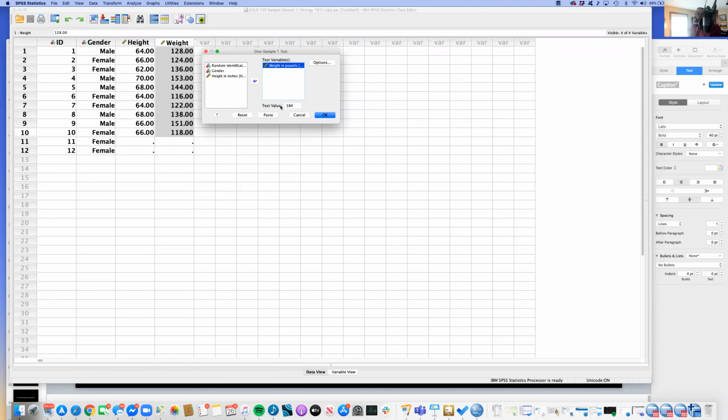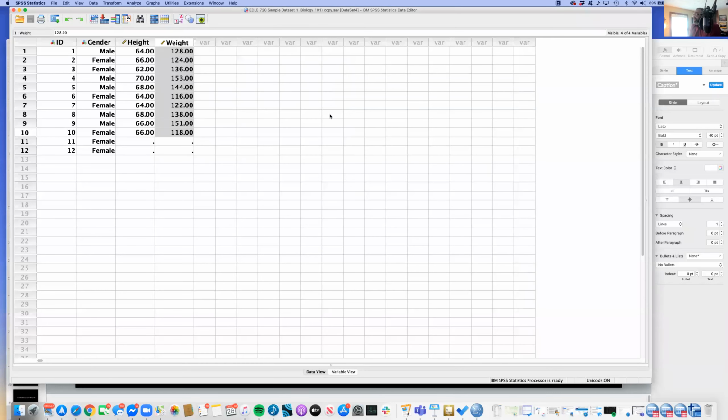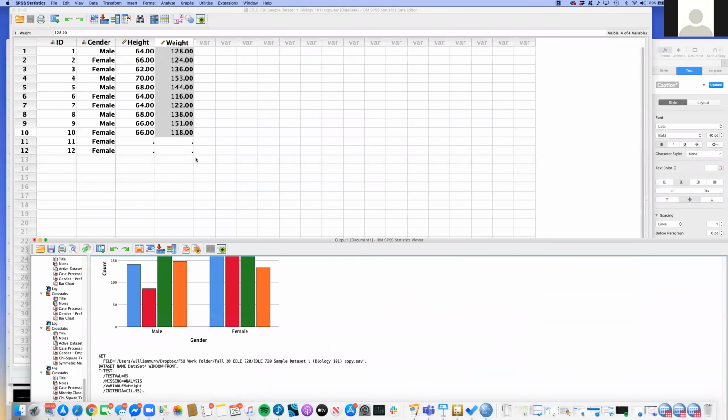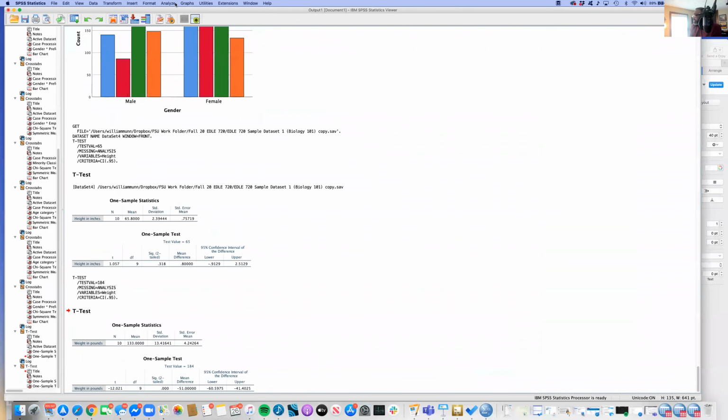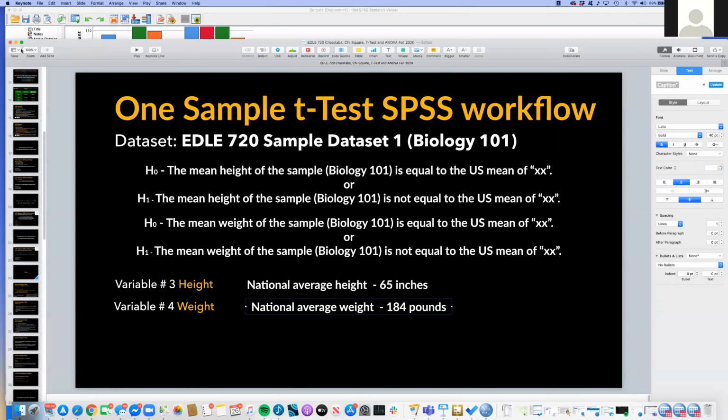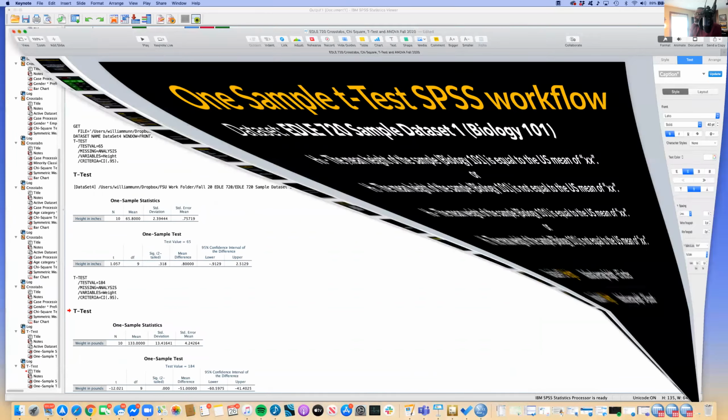And we're testing that against the national average of weight. So we want to see if there's a statistically significant difference between weight in our Biology 101 class and the national average. And we simply click OK. You have 184 in the test value? Yes, ma'am. Because that is the national average weight. Thank you. No problem.